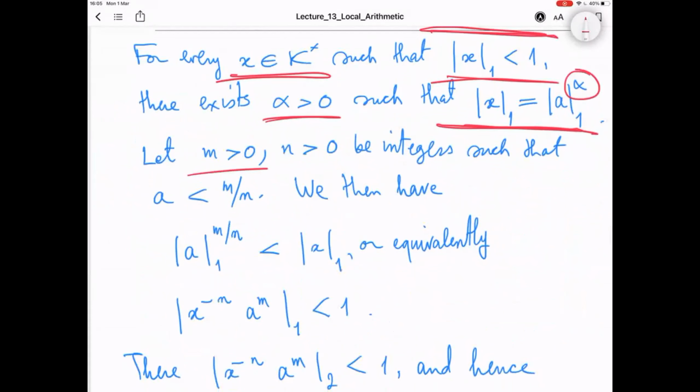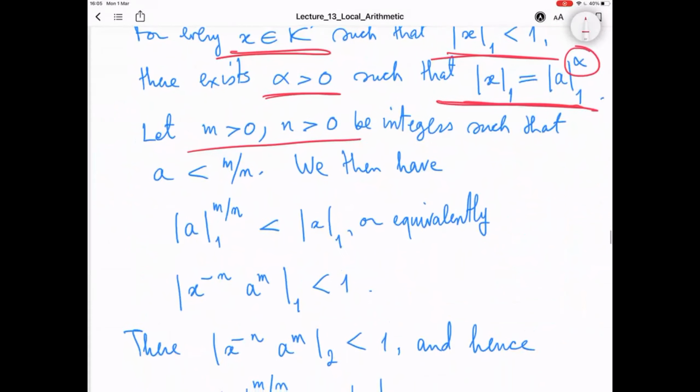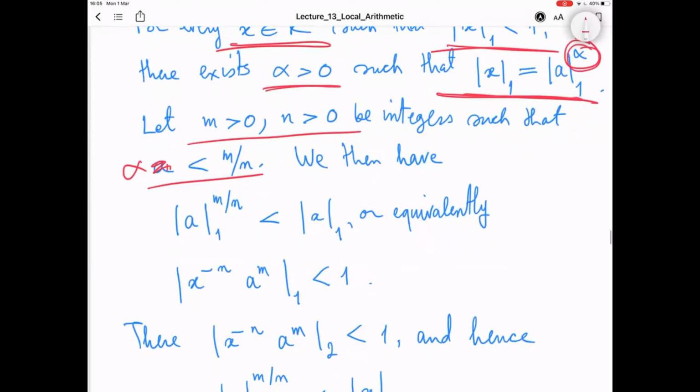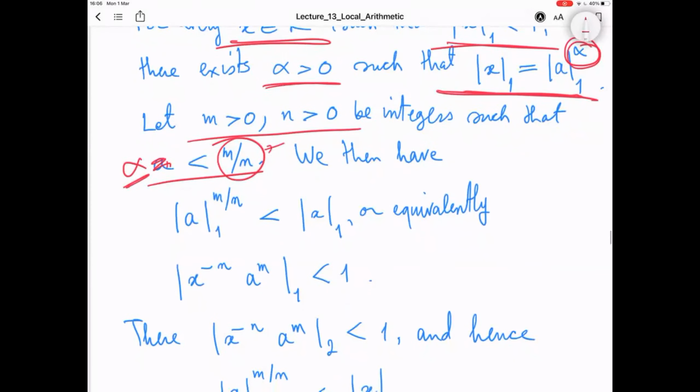Now, if I take two strictly positive integers m and n such that alpha is strictly less than m over n. Alpha is a real number, but I can find a rational number m over n which is strictly bigger than this alpha.